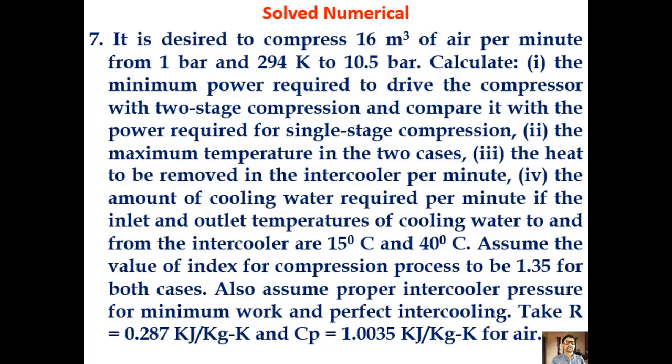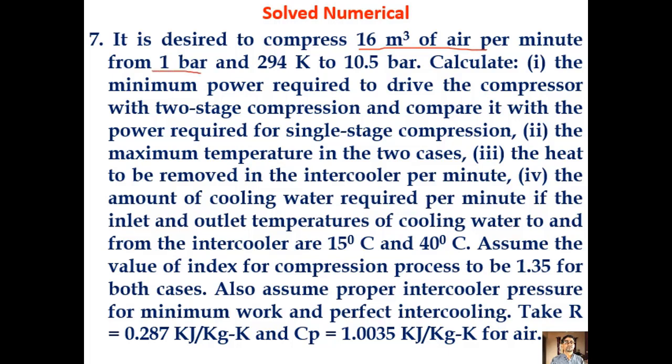The amount of cooling water required per minute if the inlet and outlet temperature of cooling water to and from the intercooler are 15 degrees Celsius and 40 degrees Celsius. Assume the value of index for compression process to be 1.35 for both cases. Also assume proper intercooler pressure for minimum work and perfect intercooling. Take R is equal to 0.287 kilojoules per kg per Kelvin and Cp is equal to 1.0035 kilojoules per kg per Kelvin for air.